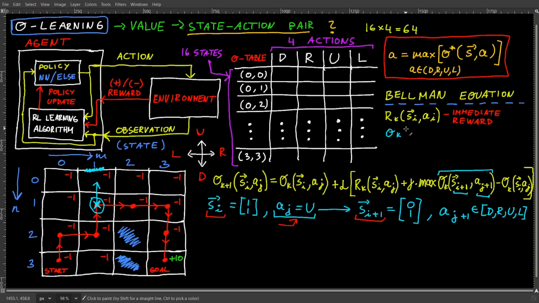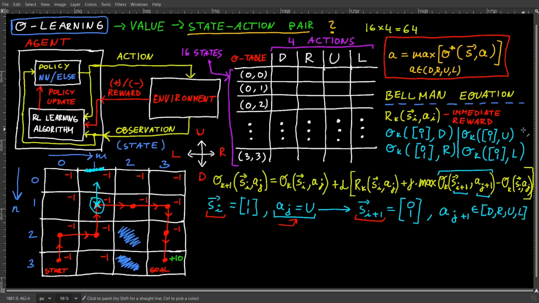So you have Q_k, this is your new state, 0 row, first column, that's your I plus 1, and then you can either have this action, which would be A_J plus 1, or this action, or this one, or this one. Since you have the subscript k here, these are your current Q values at time k in this state here for each state action pair.